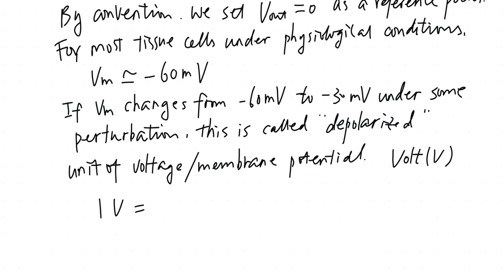It's a derived unit, interpreted from other more fundamental units. So 1 volt is defined as 1 joule per coulomb. Joule is the unit for energy, and coulomb is the unit for charge.